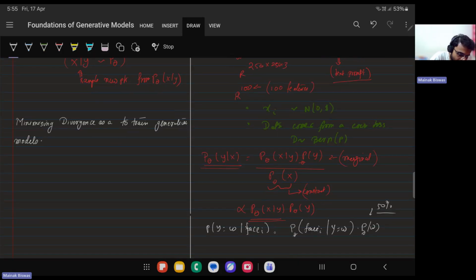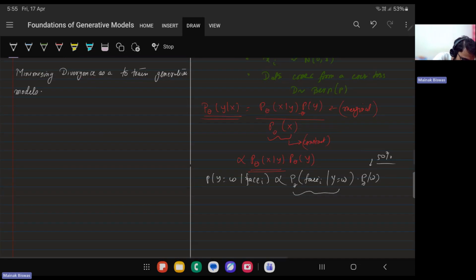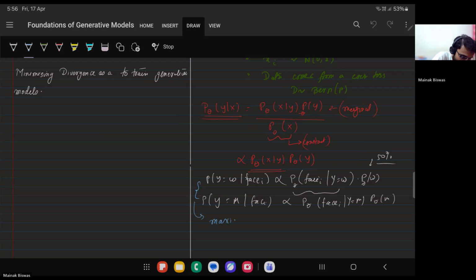So it is just this probability which will be used to make a prediction. Similarly, you will compute P of y equal to man given face i, which is P theta of face i given y equal to man times the probability of a man. You'll see which of them is greater and make a prediction accordingly. So the maximum will be used for making a prediction.